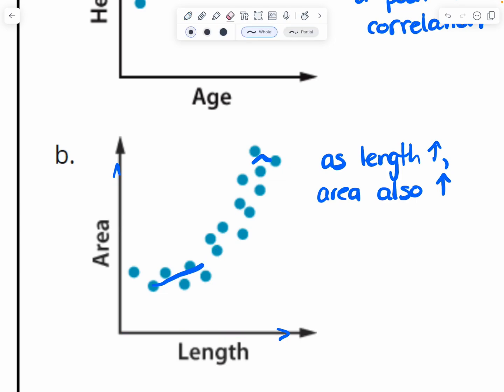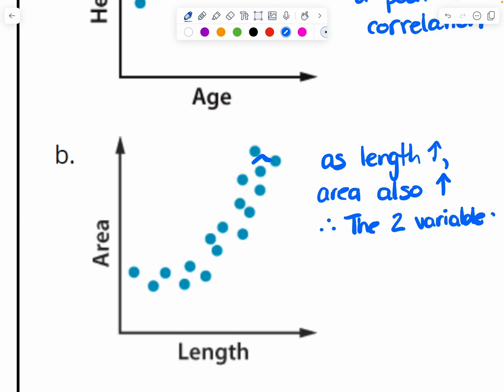That means there is a correlation. Therefore, the two variables have a positive correlation. Positive means as one goes up, the other one goes up. A positive and a positive change, positive and positives make a positive.